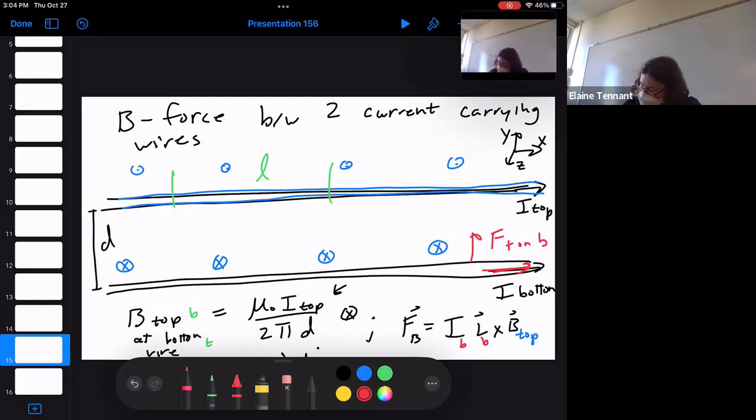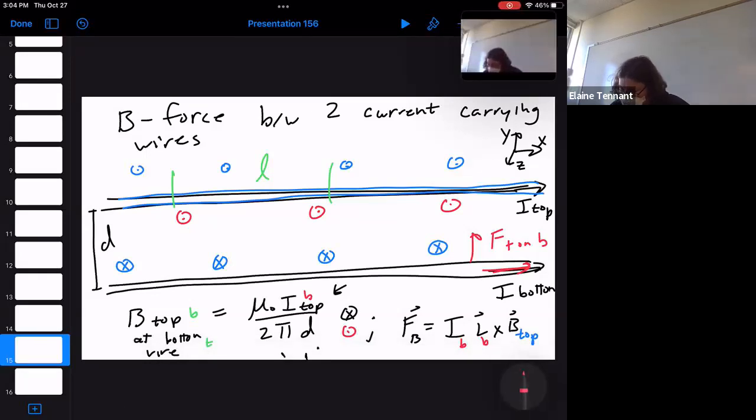So for the bottom wire, my current's going in the X direction, I'd have magnetic field coming out on top, and on the bottom would go in. So instead of into the board, it'd be out of the board. There's only one other thing that would change. What is that? It would be I bottom instead of I top.